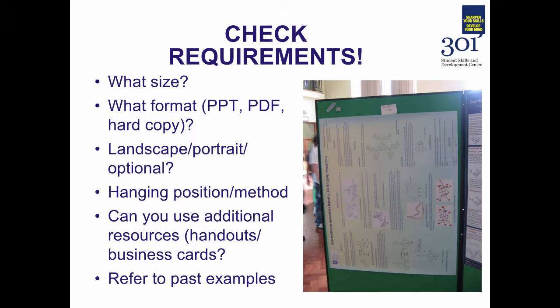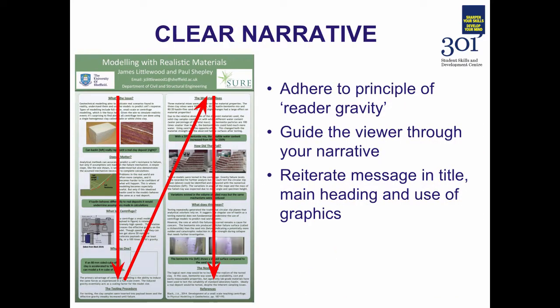Once you know what you're actually expected to do, you need to think about how to organize the information that you've got in the form of a narrative within the poster. And here you'll want to think about the principle of reader gravity. This is the principle where we're accustomed to various standard methods of following information through a page or a poster.